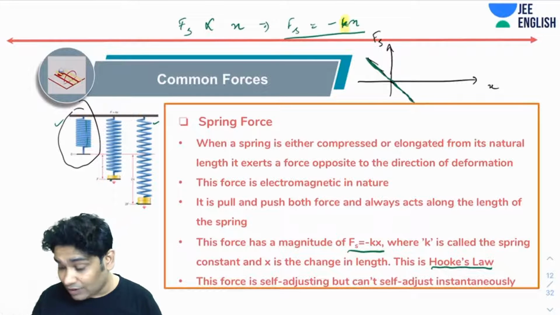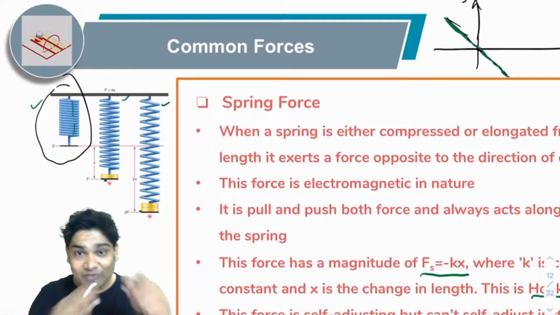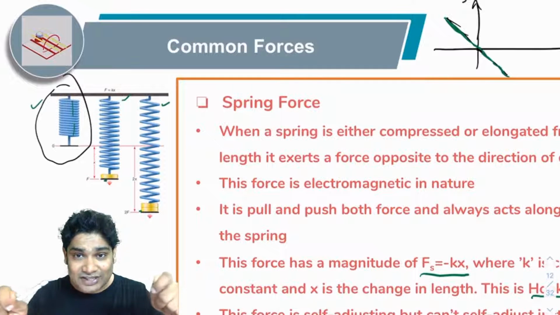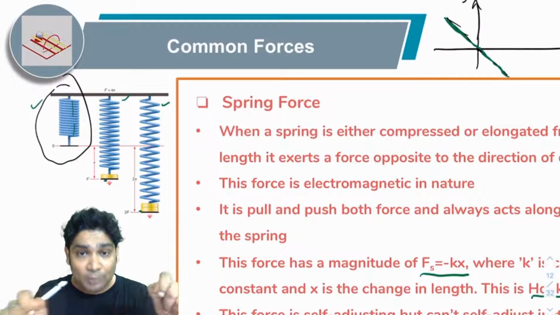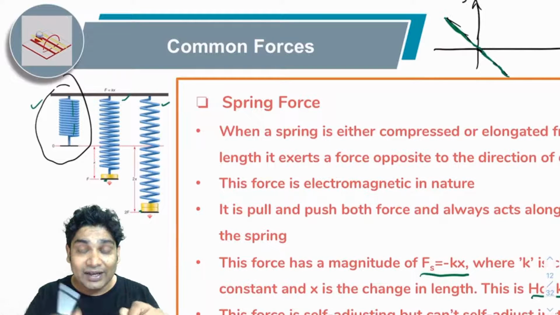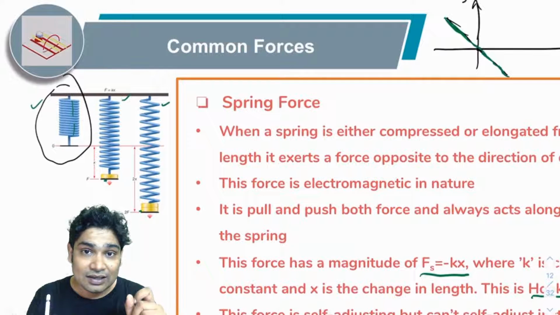Naturally, none of these springs are perfectly frictionless. When you are stretching and leaving it, every time you keep doing this, with time the springs will become less and less ideal.